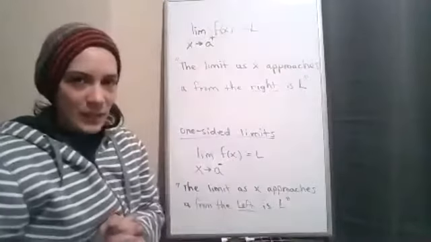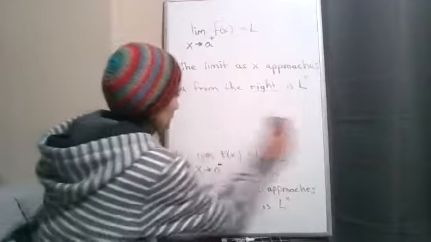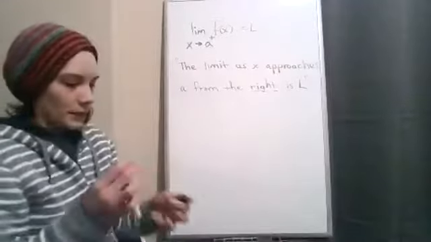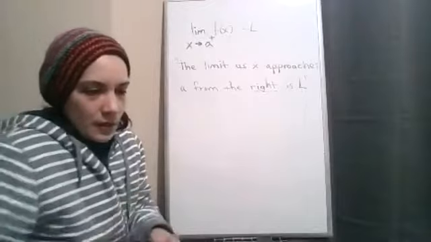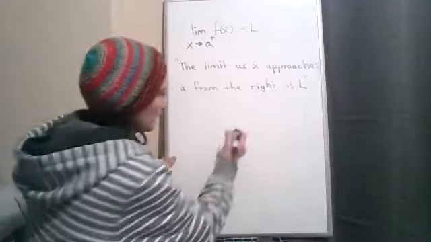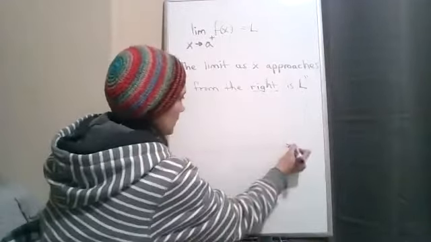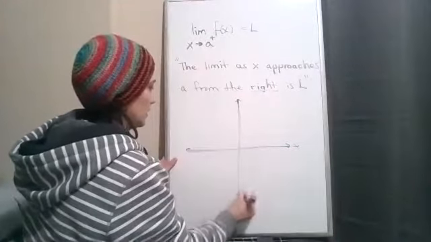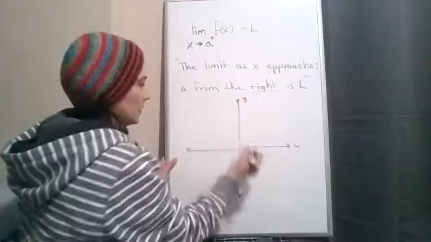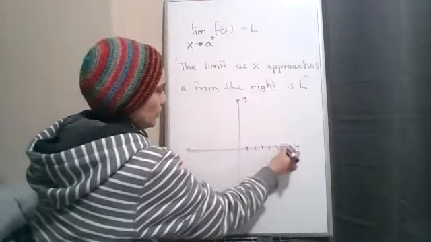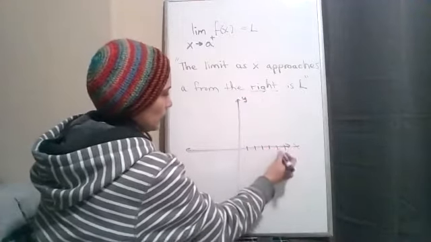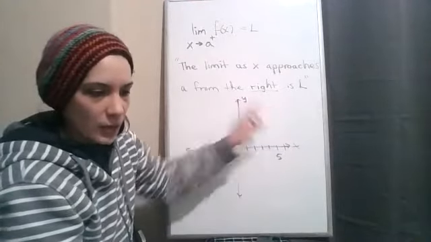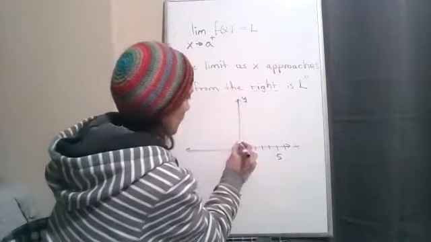All right, new example. So I've got the x-axis here. I have 5, and I also marked 4.